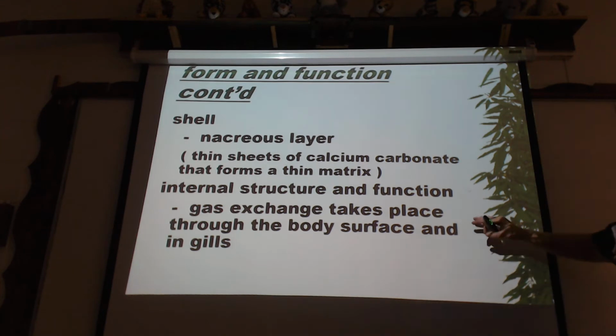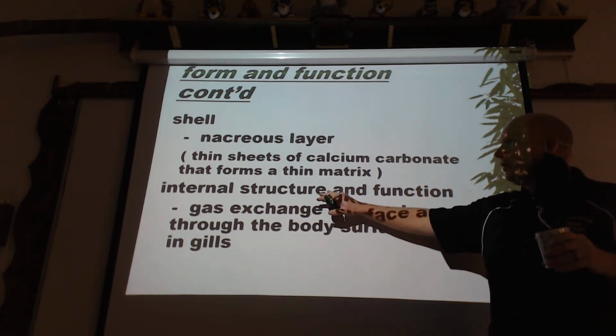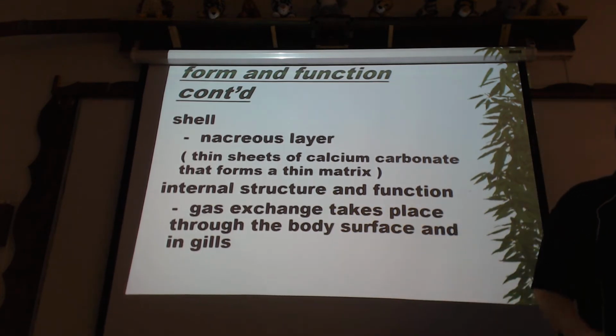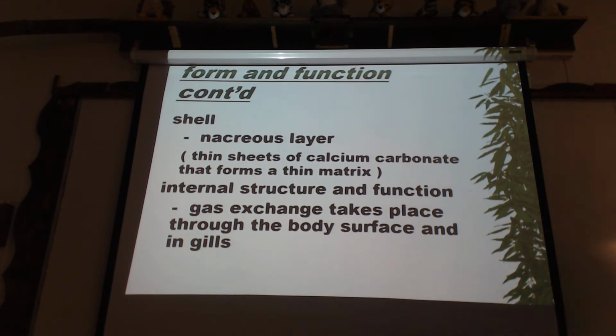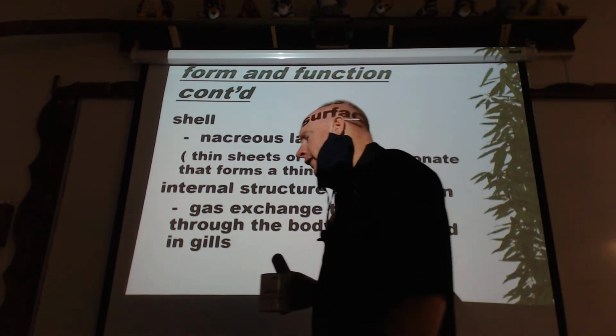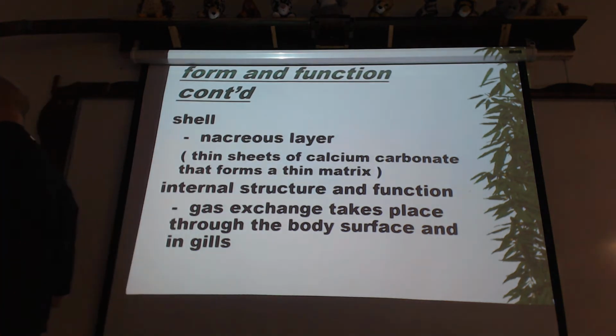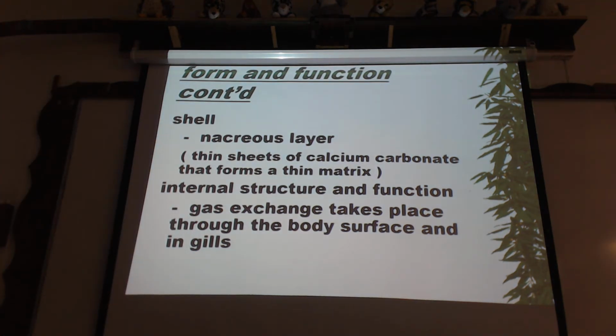So this internal structure and function, notice that we've had on the lesson plans here, we keep talking about form and function. And the reason that's so important is this is going to be another hallmark of evolution. The first hallmark that we had talked about was multicellularity, and oddly enough, that was found in the sponges. It's where we actually have different types of multicellular organisms that's dividing the workload amongst itself.